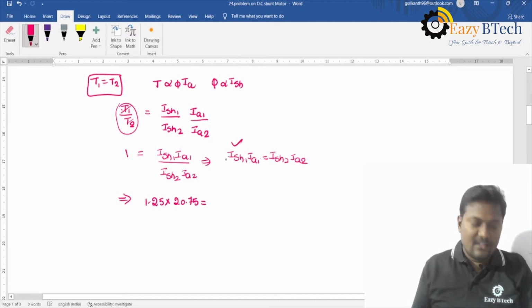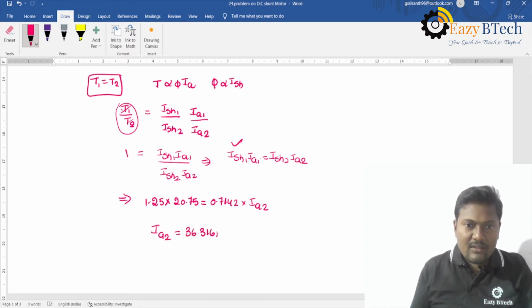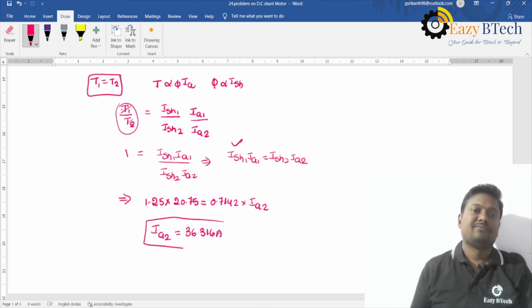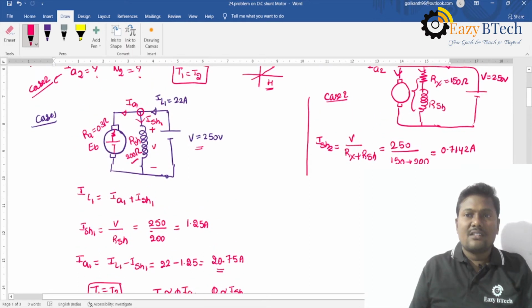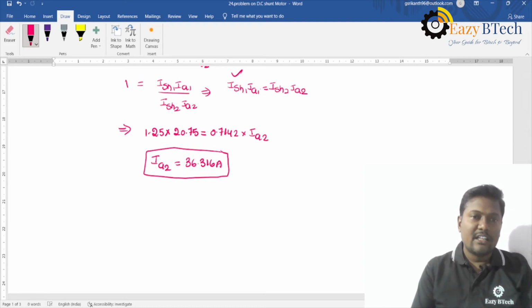So 0.7142 into IA2. If we calculate, the IA2 value is equal to 36.316 ampere. So the new value of armature current we are getting is 36.316 ampere.